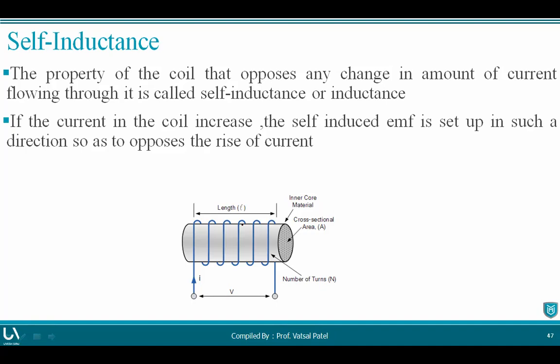The second sentence given here says that if the current in the coil increases, the self-induced EMF is set up in such a direction as to oppose the rise of the current. Okay, so that is another sentence given here.